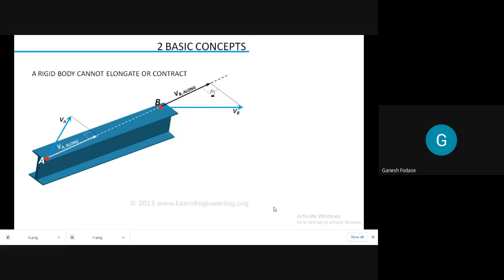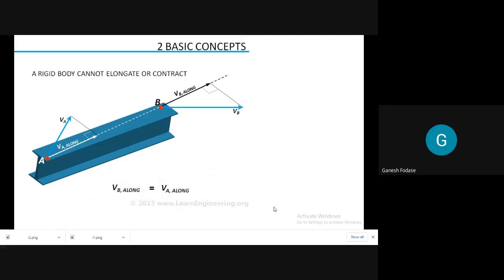If component velocity at point B is greater than A, then the link will start elongating. If the case is opposite, the link will start contracting. Both these cases are impossible, since this is a rigid body. So velocity components of both points should be equal.